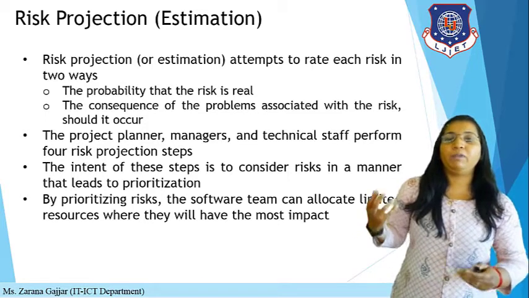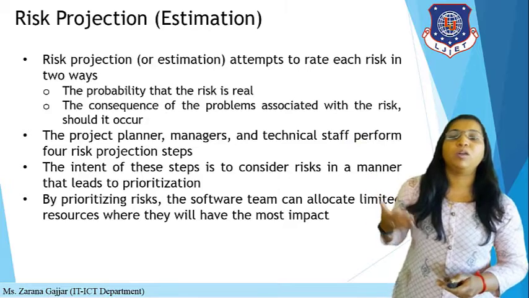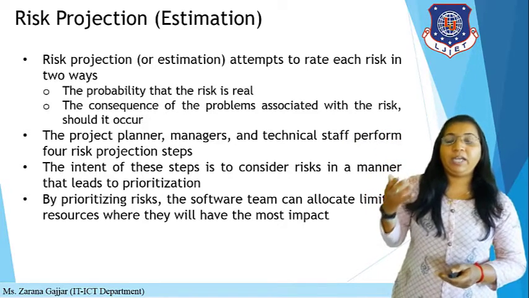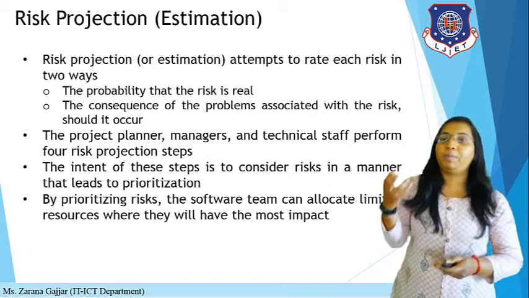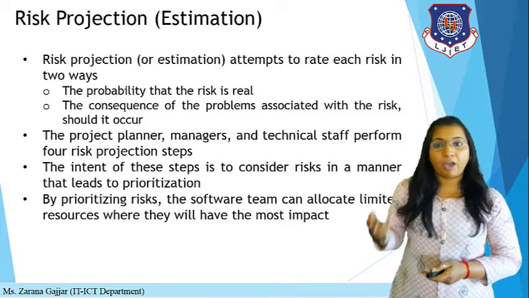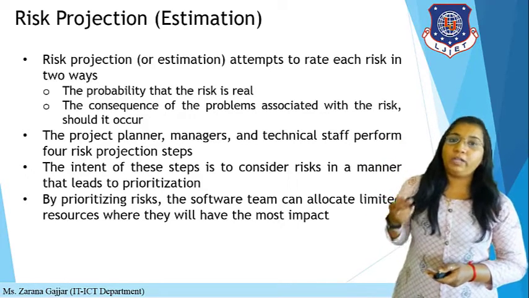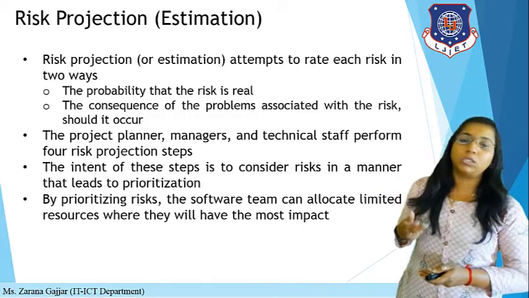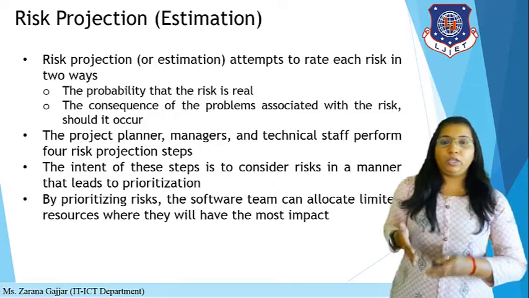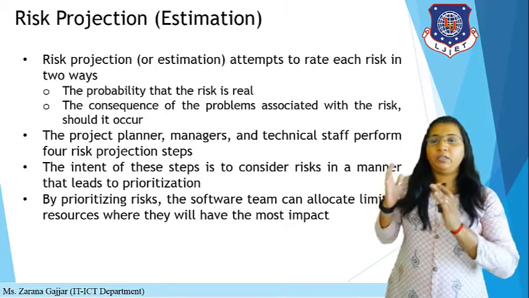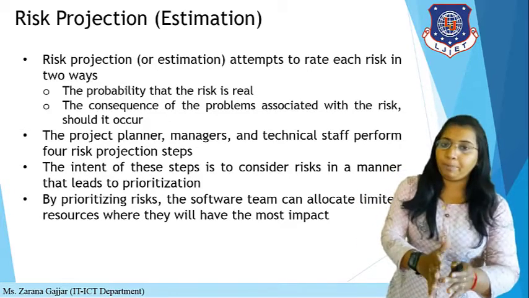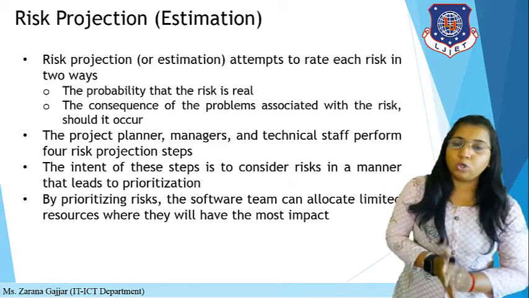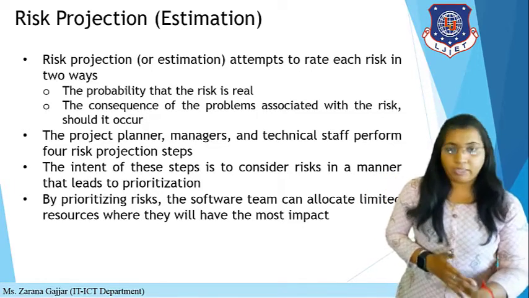If all the team members define a number of risks, then you have to define the probability and the priority of each particular risk. By prioritizing risks, the software team can allocate limited resources where they have the most impact. So if you already know that a risk will happen, you will allocate the minimum amount of resources to that particular activity.